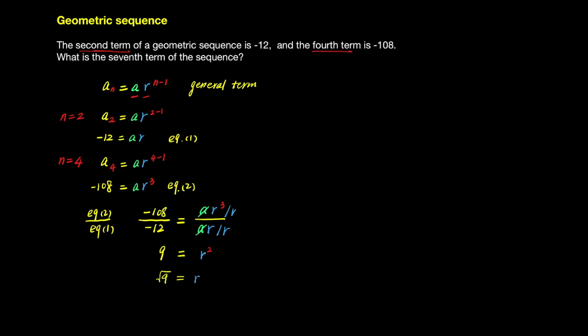Pay close attention here. Don't forget this plus minus sign, which means we actually have two solutions. The even roots have two solutions. If the index is odd, then you have only one solution. For example, if p cubed is 8, that means p equals the cube root of 8, which equals positive 2.